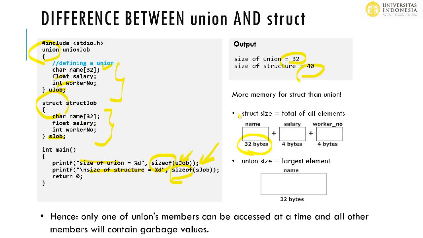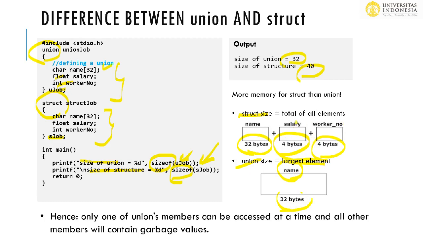So the structure records all the variables separately, but in a union it combines all together and depends on the largest element, in this case, the name. Why the name? Because it has 32 bytes, compared to only 4 bytes for salary and worker number.